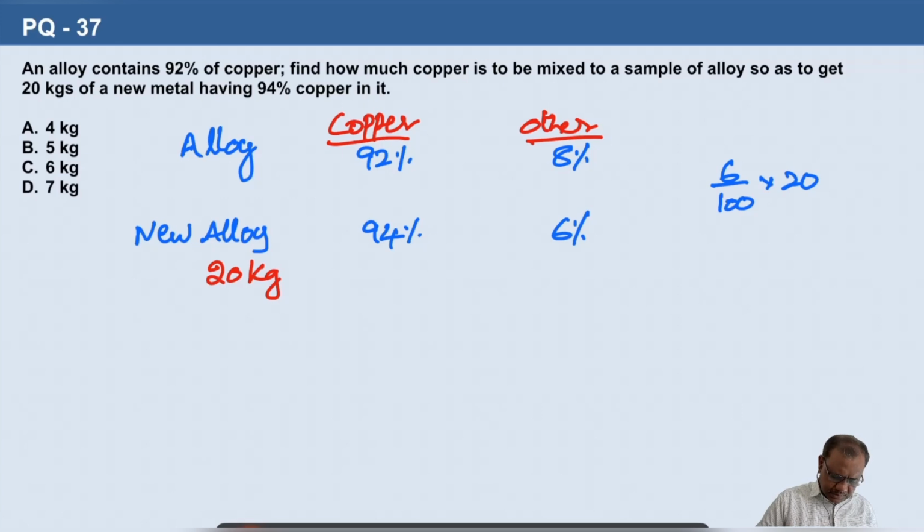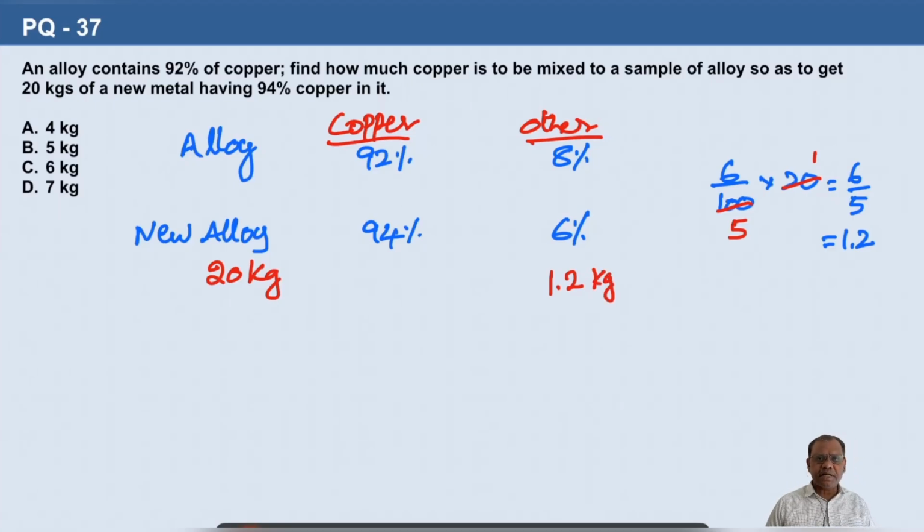So that is 21s, 25s. 6 by 5, which is equals to 1.2. So 1.2 is other, 1.2 kg. The other metal quantity is same in initial alloy also. It is not changing because we are not adding other metal, only copper we are adding.